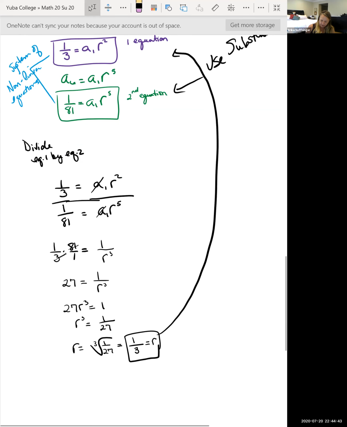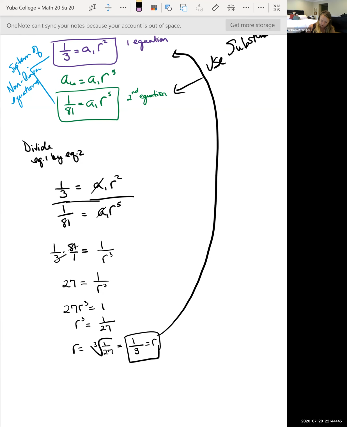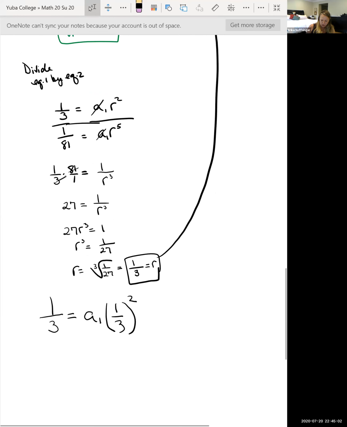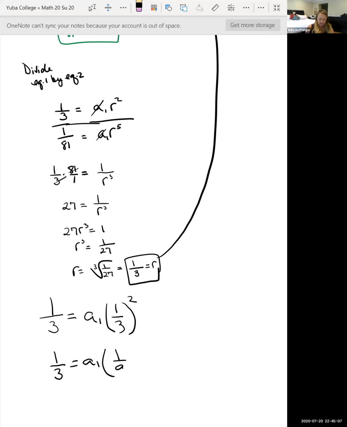So we have 1/3 is equal to a sub 1 times r squared, so r is 1/3 squared. Solve for a sub 1. We get 1/3 is equal to a sub 1 times 1/9. To get a sub 1 by itself, we can multiply both sides by 9. We get 9 times 1/3 is 3, which is equal to a sub 1.